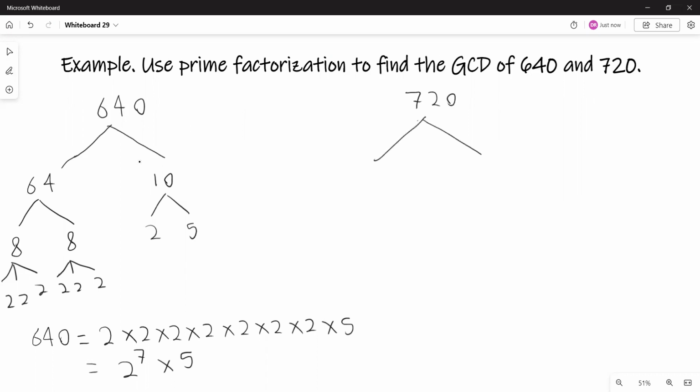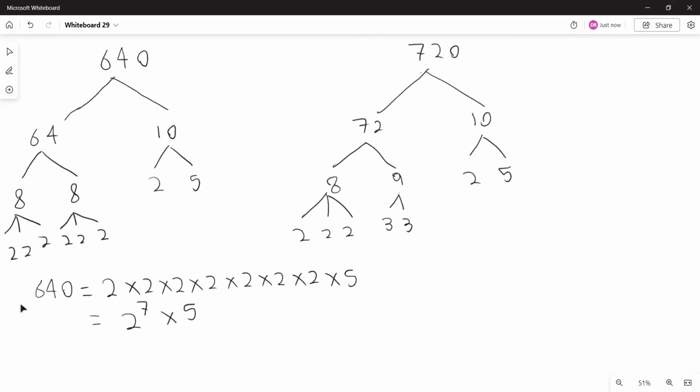So 720 is divisible by 10. 10 is 2 times 5. 72 is 8 times 9. Where 8 is 2 times 2 times 2. And 9 is 3 times 3. So 720.